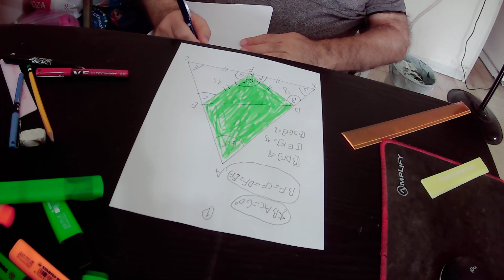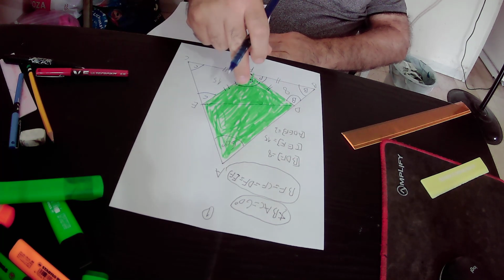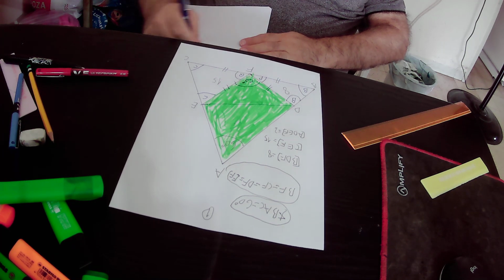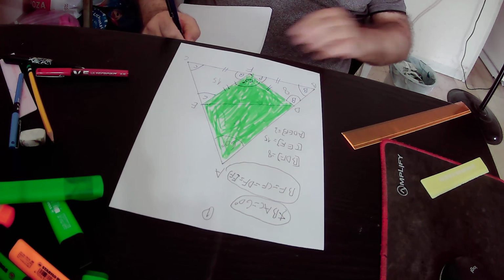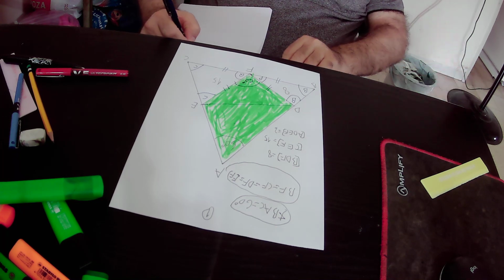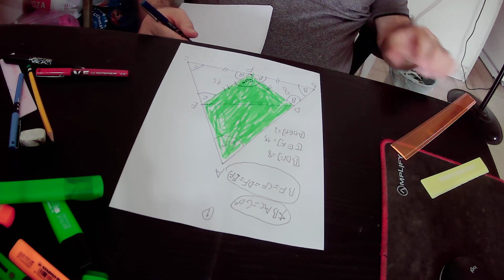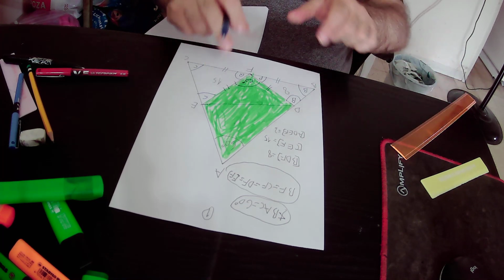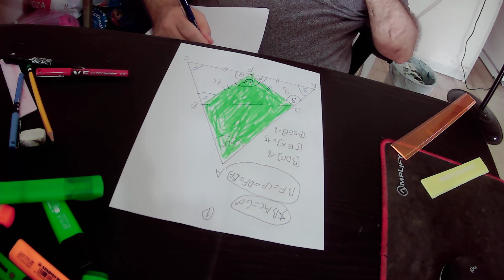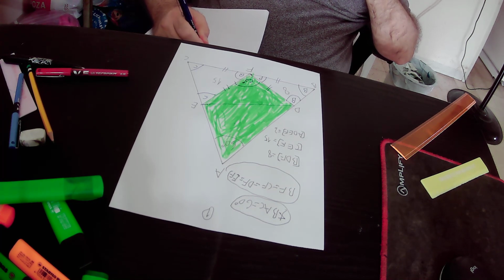So in triangle DEF, this triangle, we know that DF equals EF. It is given in the question that side DF of triangle DEF equals side EF.